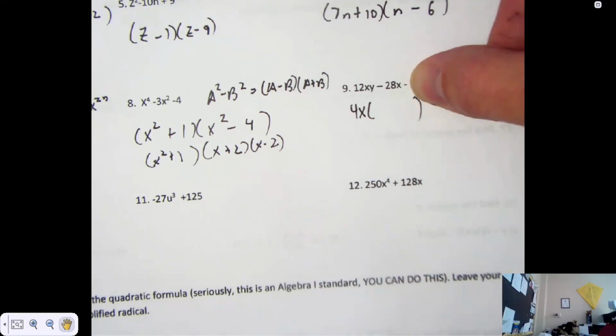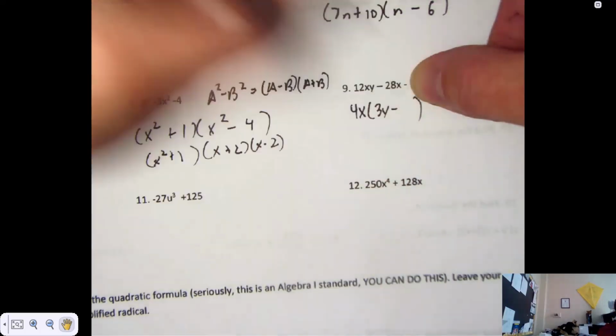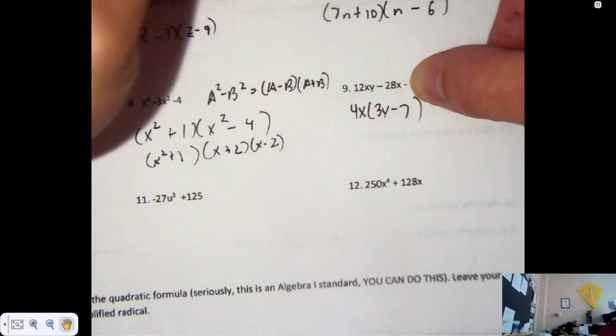Can't pull a 7. 7 times 4 is 28. But it's 7 times what is 12? The answer to that's 12 sevens. Oh, no, you pull a 4 of the same, you just left in 7. Wait, as I pull a 4x from 12xy, what's left? 3y. 3y minus 7.